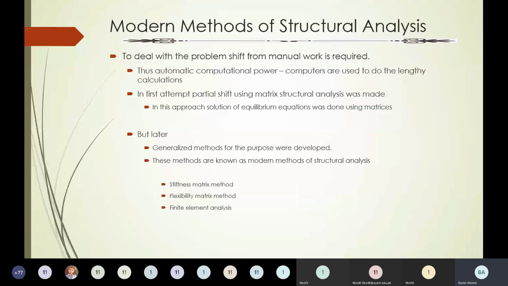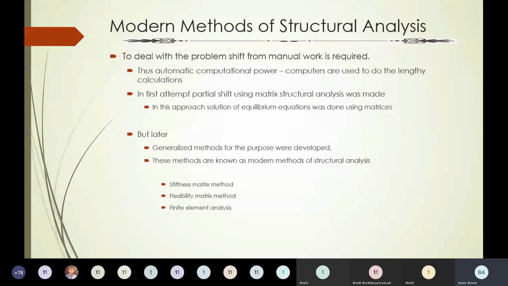Then, in the second stage, people shifted the whole method from normal pen and paper, from matrix structural analysis to modern methods of structural analysis. As is written on the screen, later, generalized methods for the purpose were developed. These methods are known as modern methods of structural analysis.